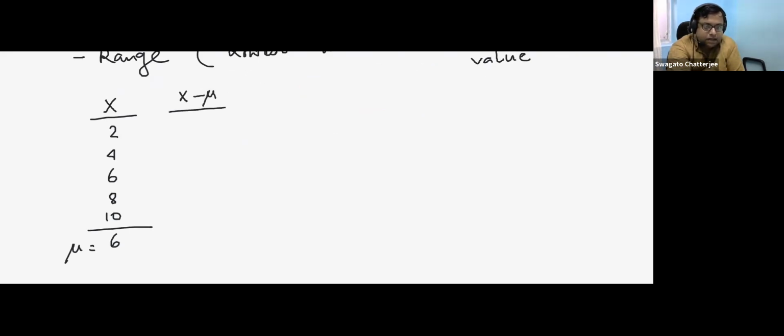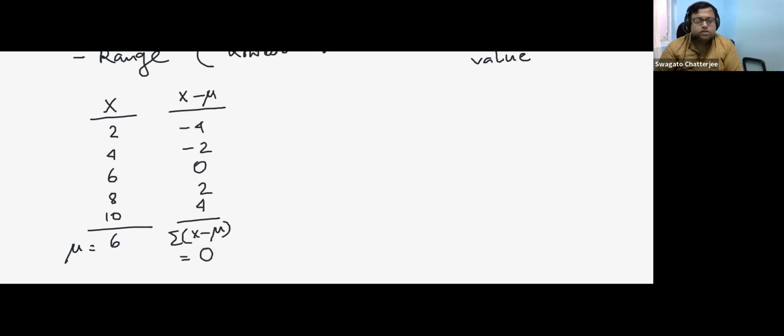So I get -4, -2, 0, 2, 4. If you add this up, it comes to 0. Why? Because the positive and negative cancel out each other. That's why we should not add the error. This is called error. We should do something else.